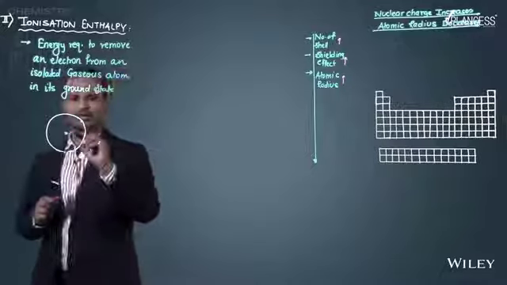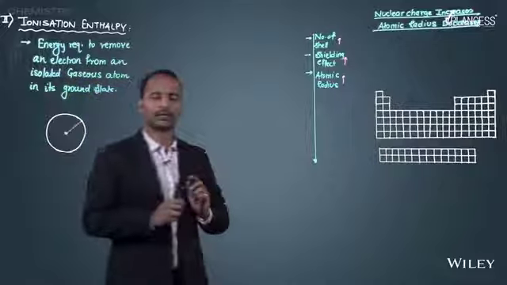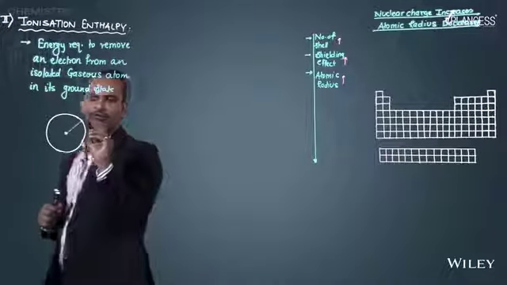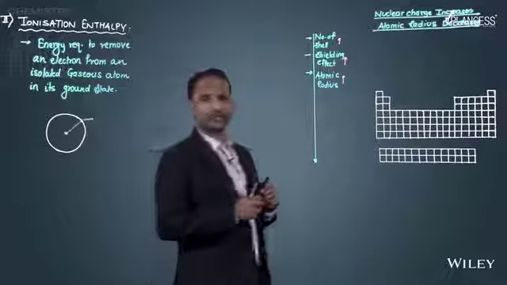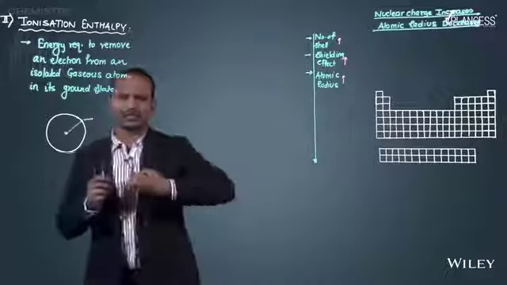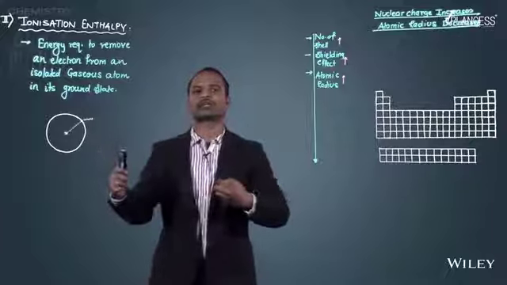So there is an electrostatic attraction between the nucleus and the electron. Now I just want to remove this electron from the outermost shell. Since the nucleus is holding the electron, the removal of the electron is not possible easily.